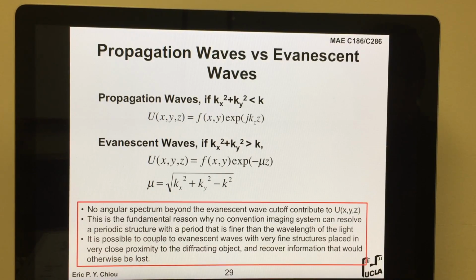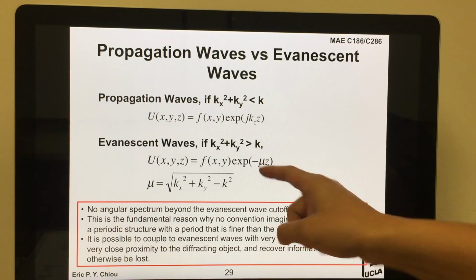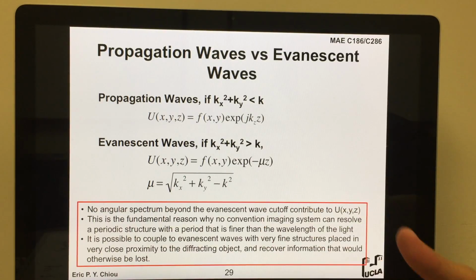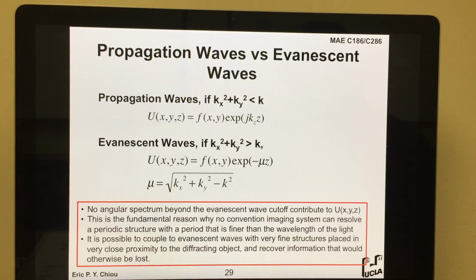But there are some devices or imaging approaches that people can make. For example, some people use a plasmonic device to enhance the near field pattern so that this distance can be extended to a longer distance so that they can detect it, but it's still a very short distance.